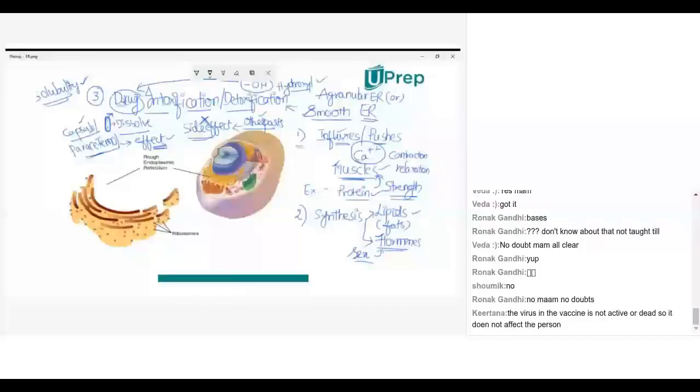But in vaccine, we inactivate this coronavirus. Vaccination is nothing but inactivation. We inactivate the bacteria or virus, and that is given as vaccine.